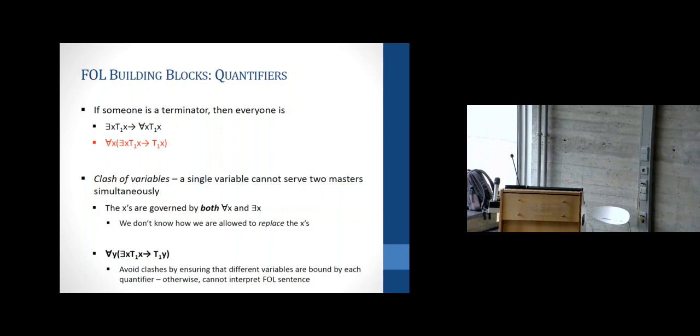So I can draw it. If I have a sentence for all y, x, y, t1, x, therefore t1, y, the scope of this y is everything here. The scope of this x is only this part. So there is no clash of scopes for the x. They have a small scope within the antecedent and the consequent.